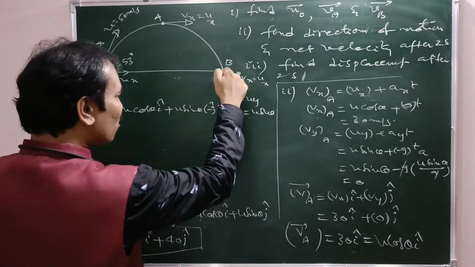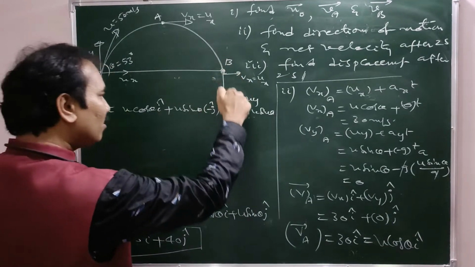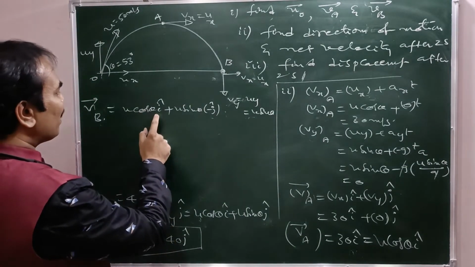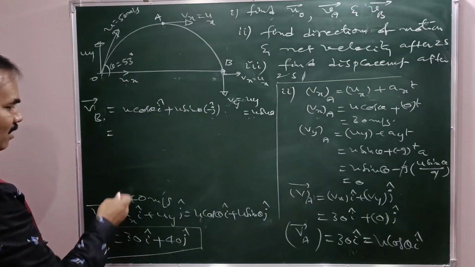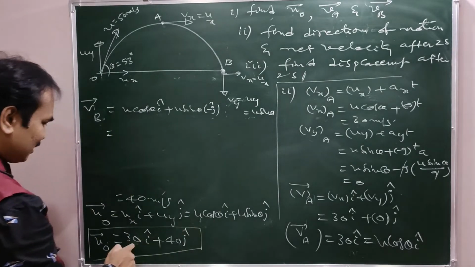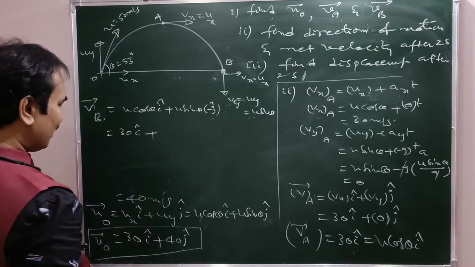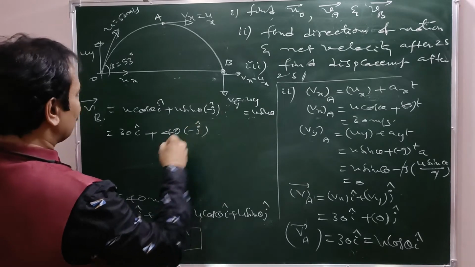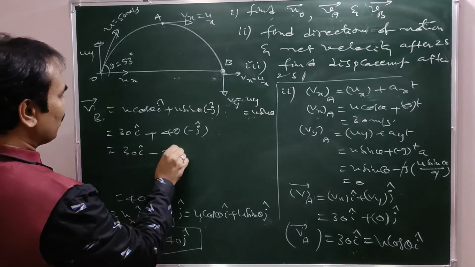Why? Because it is acting downwards. So horizontal is i cap, vertically downwards is minus j cap. Already we have u cos theta as 30, so 30 i plus u sin theta, that is 40, minus j, so 30 i minus 40 j.